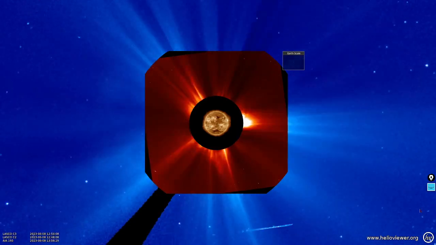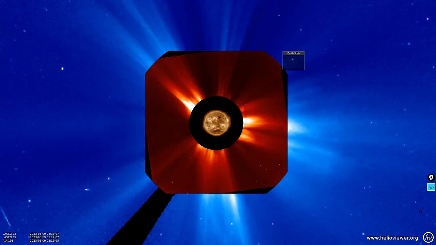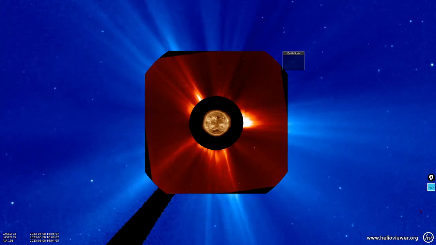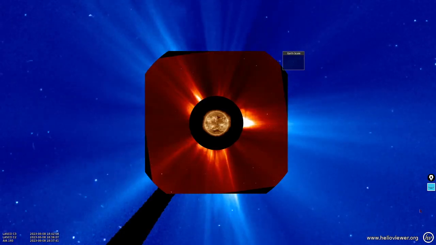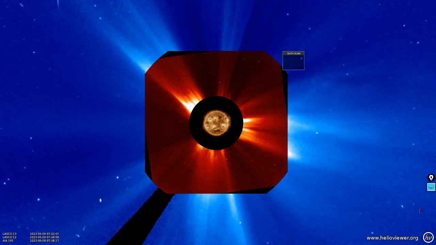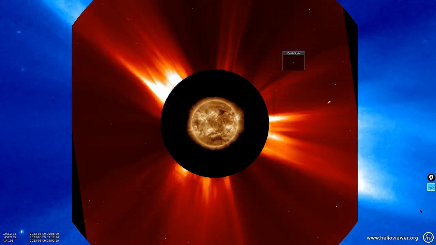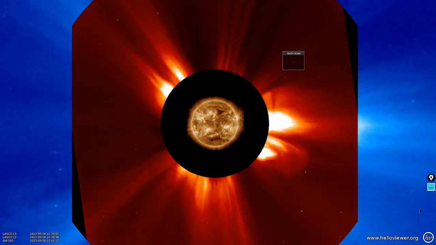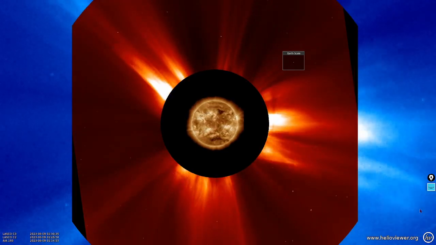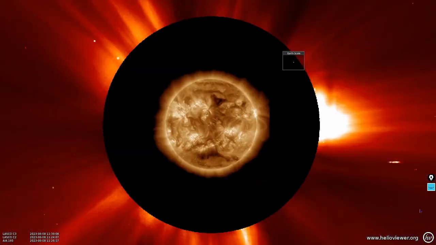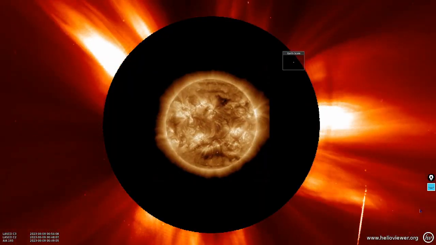There's some great imagery there from SDO in 193 angstroms, part of the extreme ultraviolet spectrum, as well as SOHO LASCO C2 and C3. How about even closer?